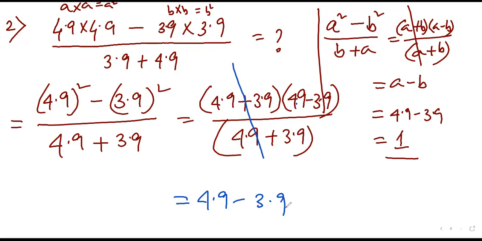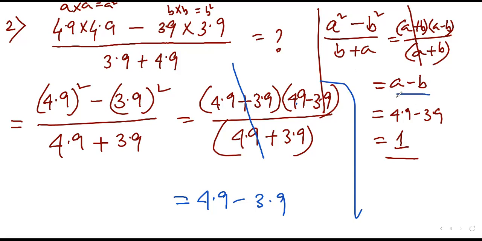But it is not necessary to expand the whole expression like this. Just try to use variables to identify the expressions, and that is what I just used. I just used a square minus b square, and at the denominator b plus a, that is a plus b, would be cancelled out, so a minus b is the answer.